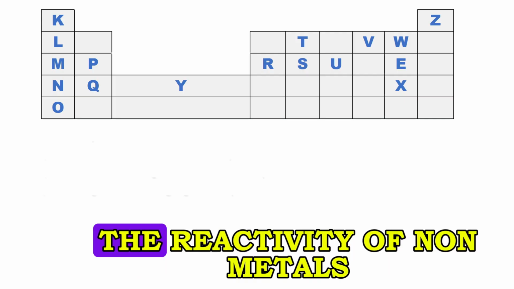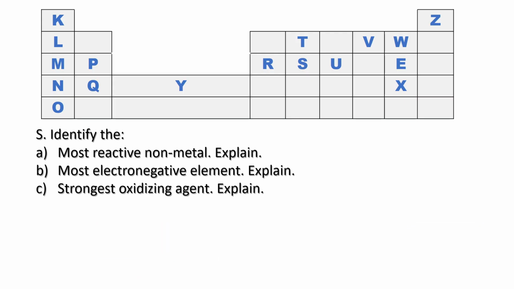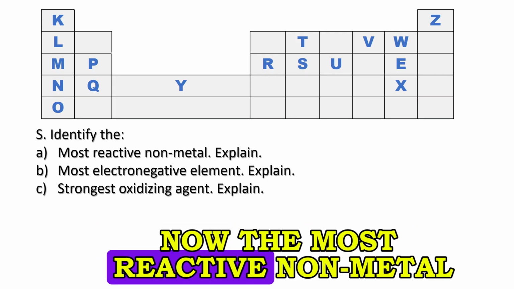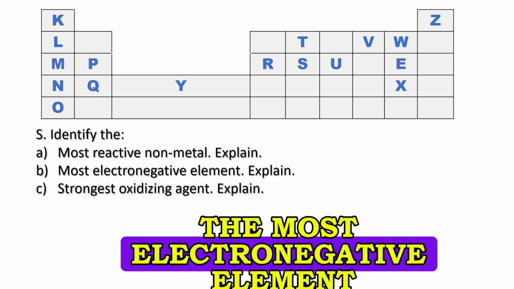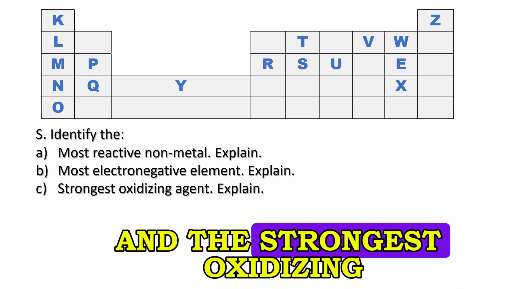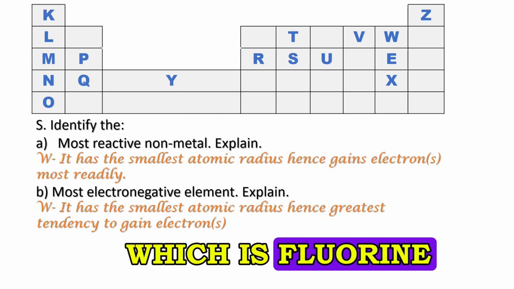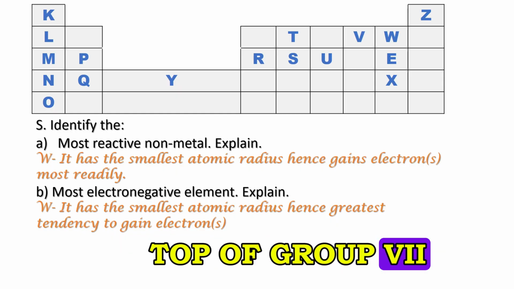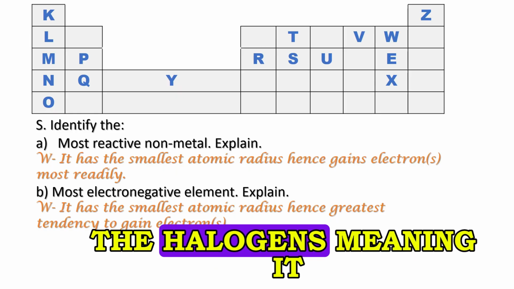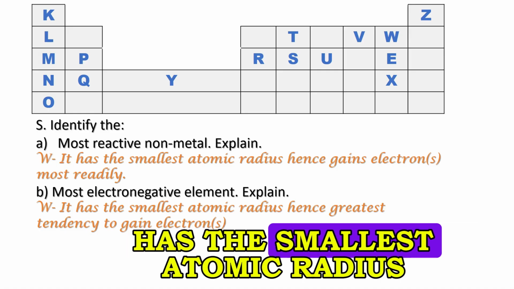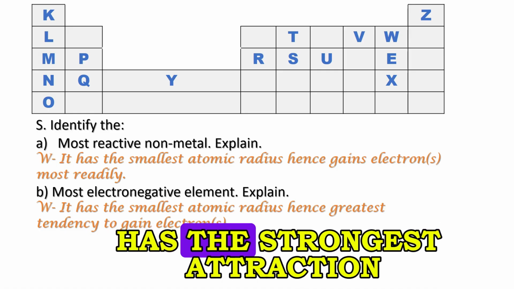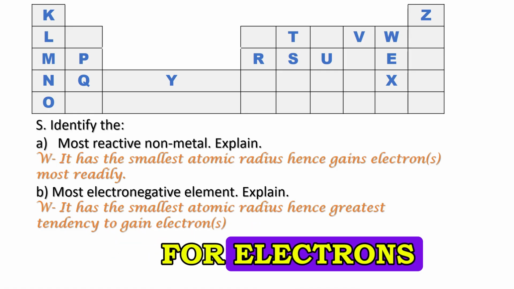Question S is on the reactivity of nonmetals. Now, the most reactive nonmetal, the most electronegative element, and the strongest oxidizing agent is element W, which is fluorine. Fluorine is at the top of group 7, the halogens, meaning it has the smallest atomic radius and the strongest attraction for electrons.